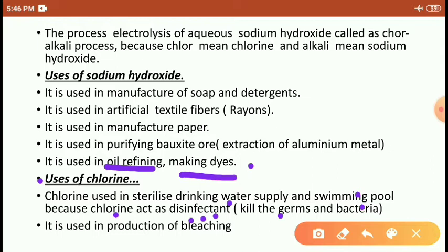And chlorine is also used in the swimming pool, because many people swim in that pool. So the water becomes dirty, and many germs and bacteria develop. To prevent the bacteria and germs, they add chlorine in swimming pools. Right, students?